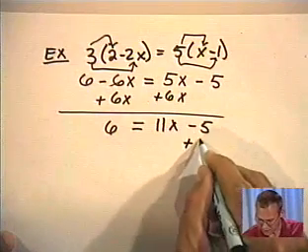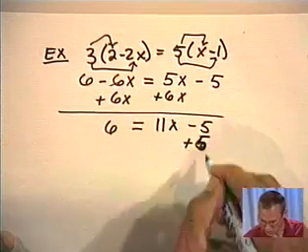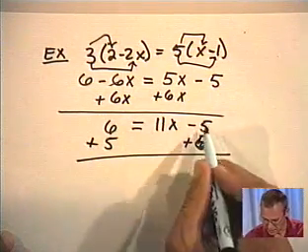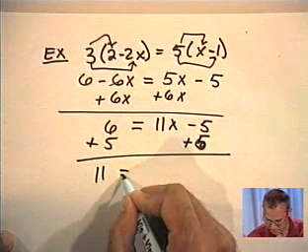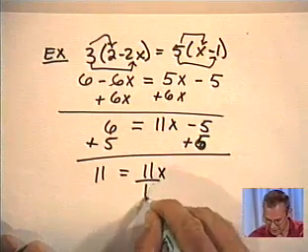Now, I want to get the x's all by themselves. So I'll add 5 to both sides to get rid of that negative 5. To find our x value, I'll divide by 11.